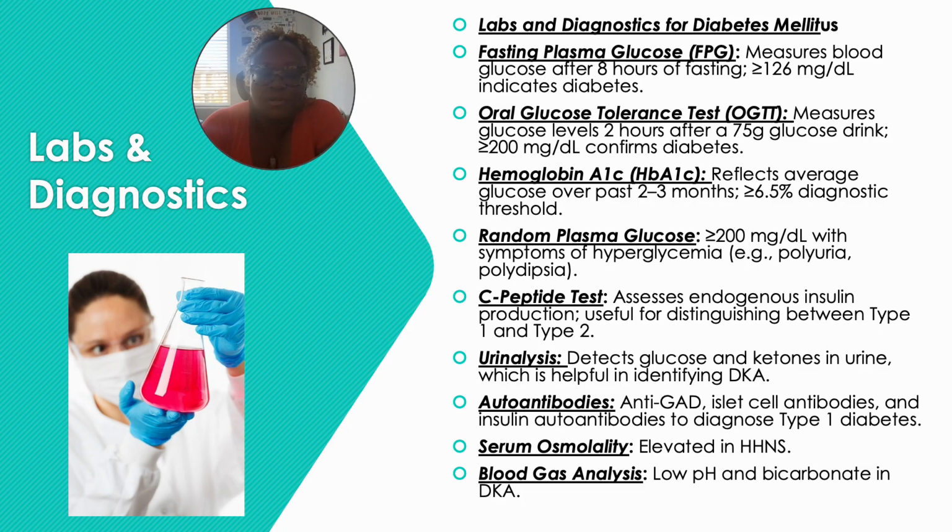Random plasma glucose with symptoms of hyperglycemia. So like the symptoms of your polyuria, polyphagia, polydipsia. So this one, if it comes back greater than 200 milligrams per deciliter.